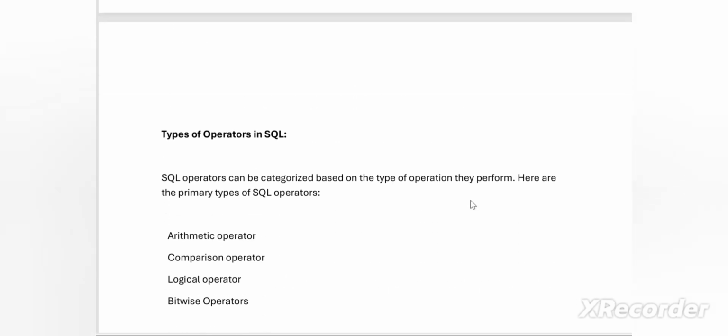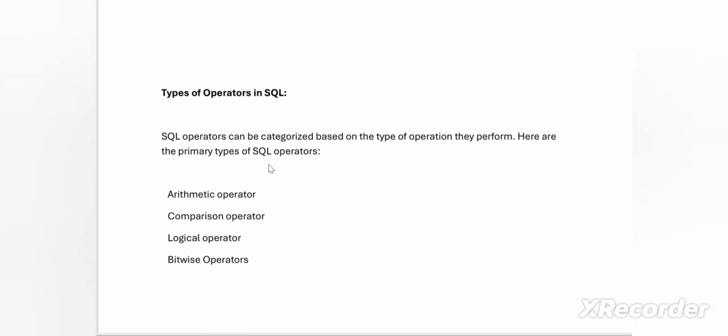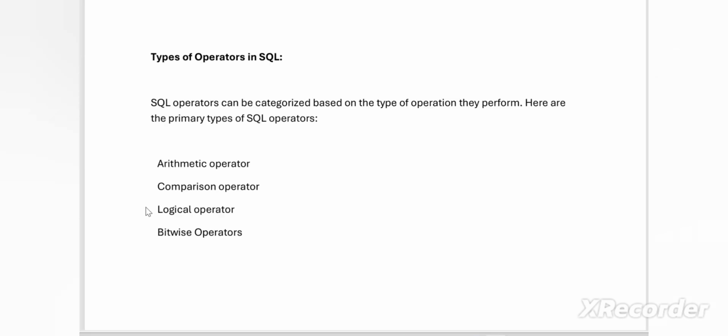And next, when we talk about the types of operators in SQL, we will be having arithmetic operators, which include addition, subtraction, multiplication, division, modulus, and so on. And next, comparison operators, which contain operations like less than, greater than, less than or equal to, greater than or equal to, and so on. And next one is logical operators.